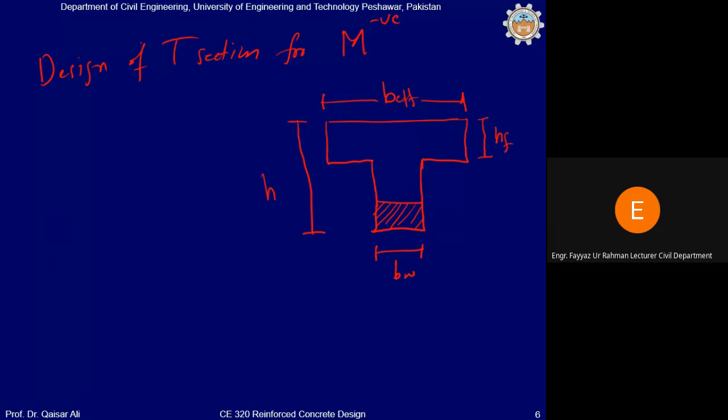Okay, so now can you tell me how we will design this beam for negative bending moment? Sir, we will provide reinforcement at the top. How will you calculate the reinforcement?